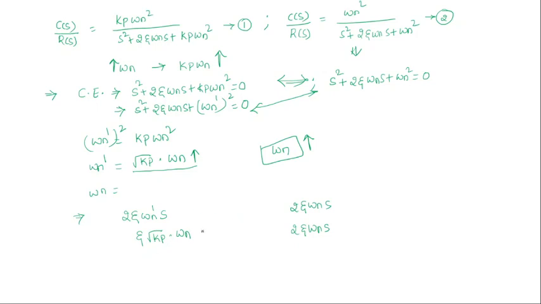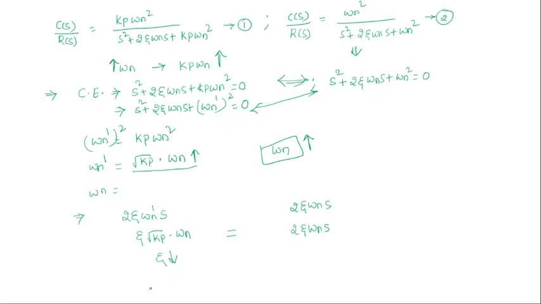Let me equate these two values. This is with proportional controller, and this is without proportional controller. By comparing these two, the zeta value is decreased.